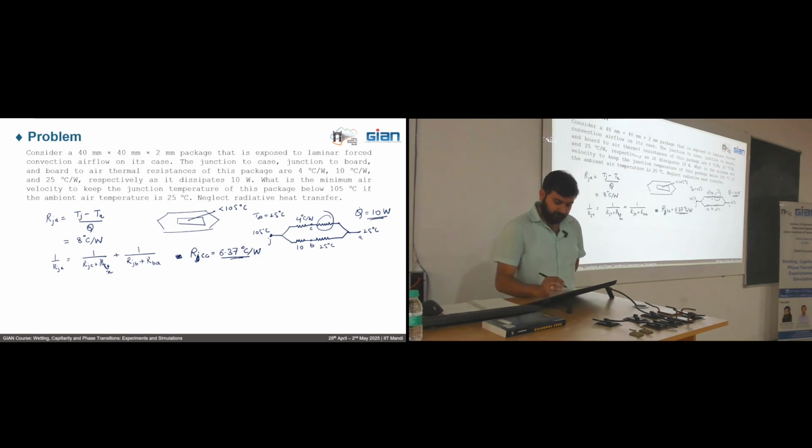So what we can do is we can write RCA is equal to 1 over H into area of your casing, right? Here we have ignored any radiative heat transfer, so we are just doing it for the simple diffusion plus advection, which is the convection heat transfer.